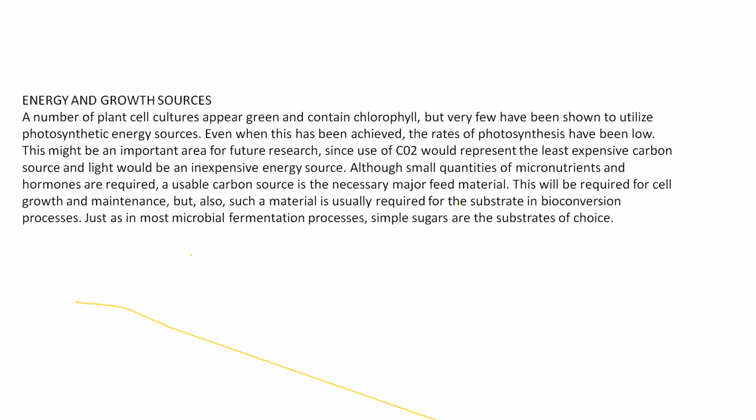So you have to use very cheap energy sources. Carbon sources, you need macronutrients. If you are able to get very good growth using carbon dioxide itself, it is the cheapest source. So you have to do research and design some energy sources in which you get the minimum cost.